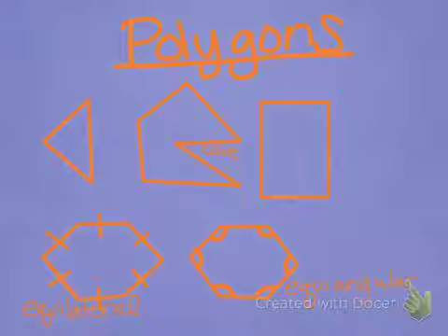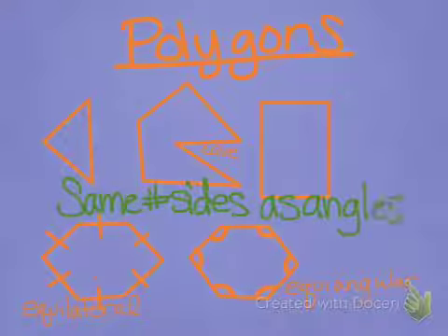And this figure has a concave side, and we'll talk about concavity. Polygons always have the same number of sides as they do angles. A 3-sided figure has 3 angles, a 4-sided figure has 4 angles, and so on.